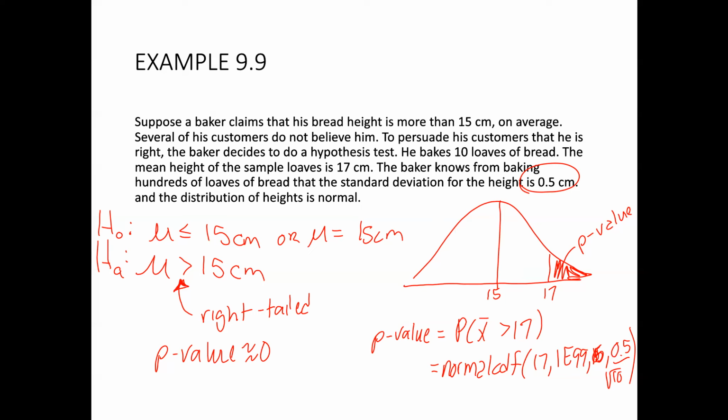The answer is yes, because he shows from his sample data that the mean height of loaves of bread is bigger than 15 centimeters. That's what a hypothesis test does. And in a hypothesis test, you either reject the null or you fail to reject it. If you fail to reject it, then your sample data doesn't support the conclusion that is brought by the alternative.